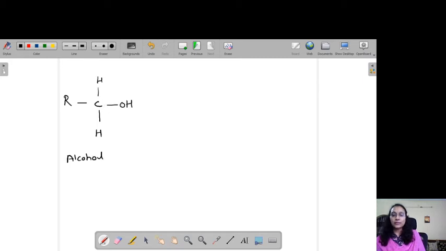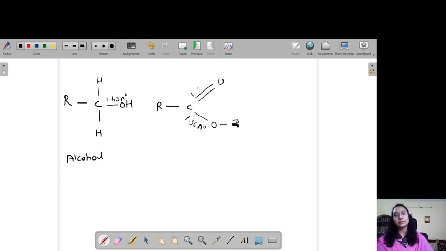The carbon oxygen bond length in alcohol we have discussed as 1.43 angstrom, while in the carboxylic acid the carbon oxygen single bond length is 1.36 angstrom, whereas the carbon oxygen double bond length is 1.23 angstroms.